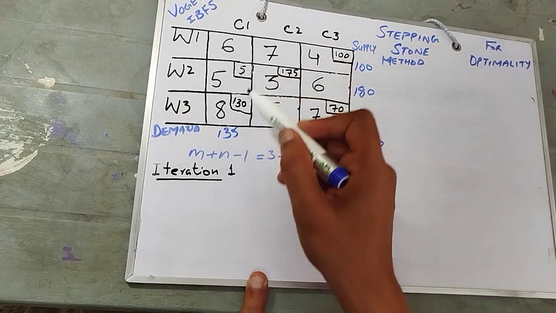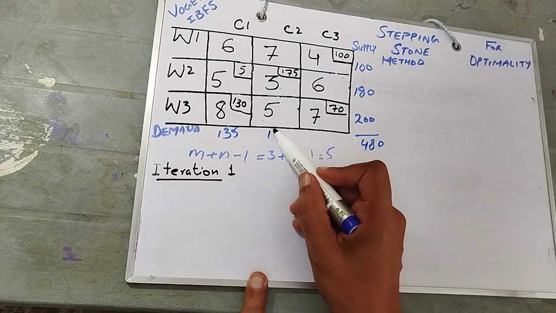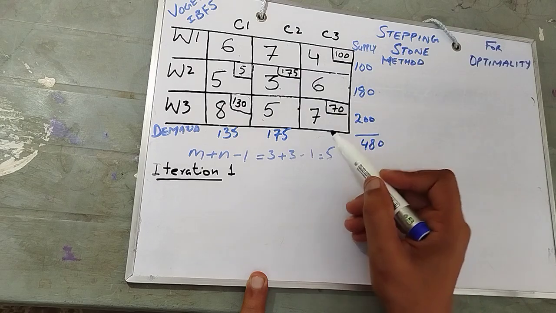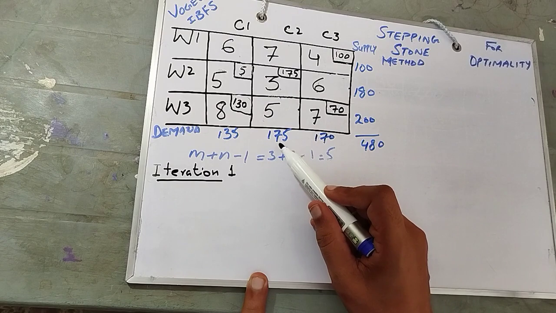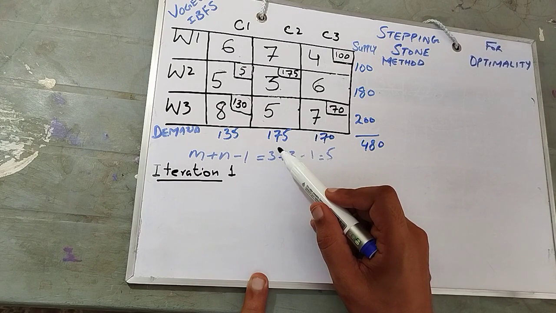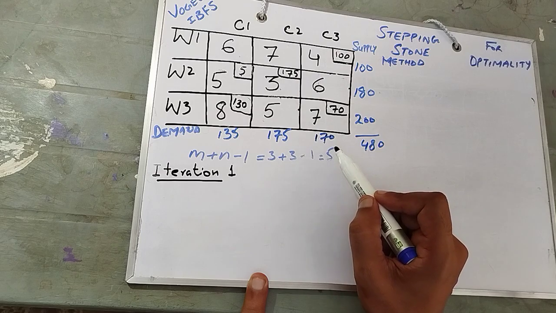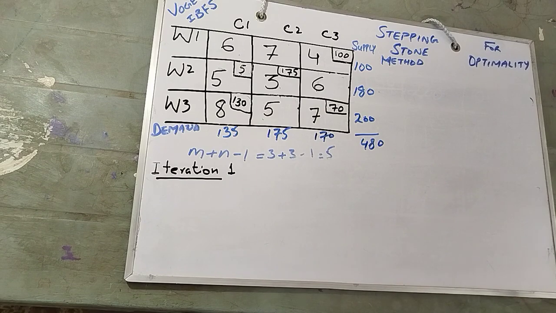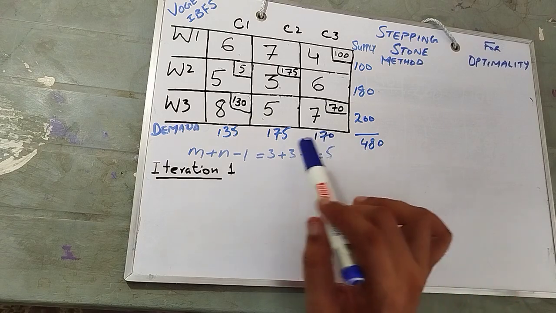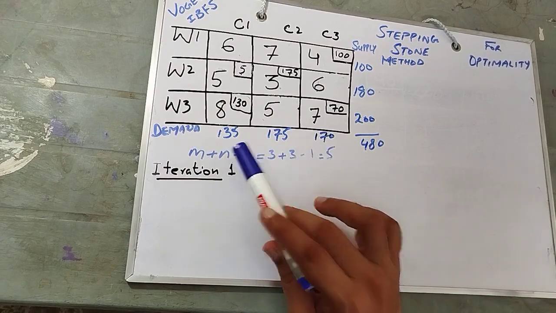The demands are 135, 170, 170 and 5. 175 plus 170 is 345. 345 plus 135 is 480.